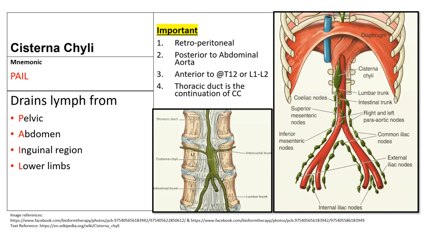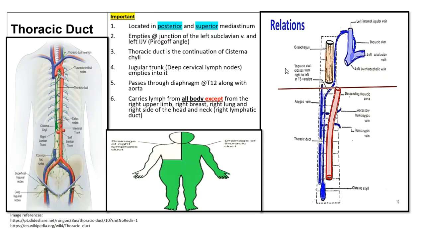Moving to the next slide, the thoracic duct. Let me turn on the pointer. Alright, so the thoracic duct is the larger of the two lymph ducts of the lymphatic system. If you remember, in the earlier slides I mentioned the collecting ducts. One of the collecting ducts is the right lymphatic duct, and the second is the left lymphatic duct, which is also known as the thoracic duct.